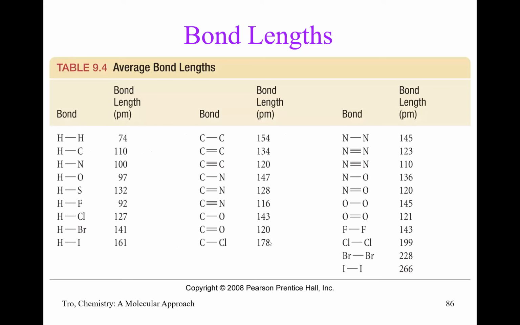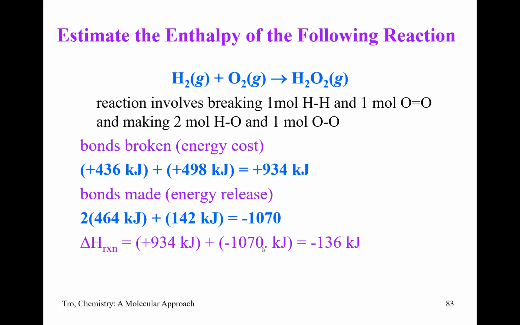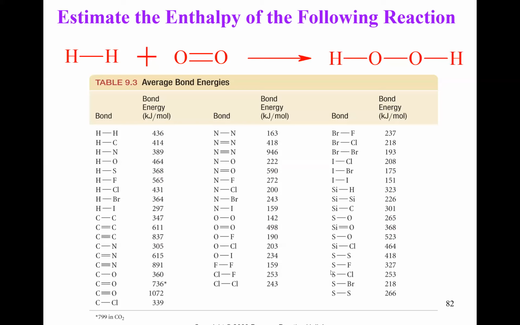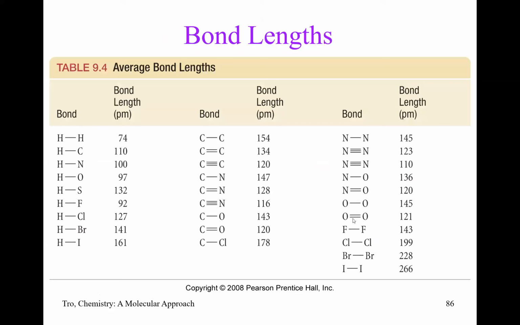So here's a shorter version of this. What's the difference? Let me go back. The other one had a lot more stuff in here, just a lot more bonds. There's sulfur and fluorine and iodine and stuff like that. Whereas this one is more of the classic and typical.